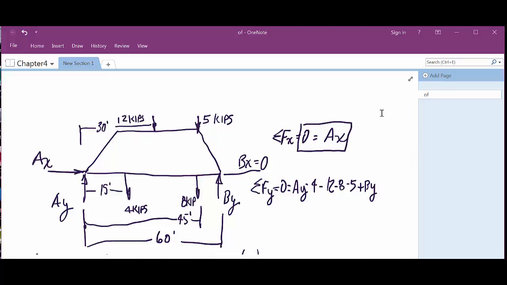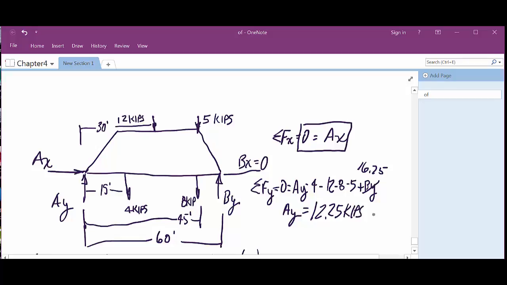Now, let me finish this real quick. So that was 16.75. AY stays where it's at, everything else goes to the other side of the equation. These all become positive, that's a negative. So 4 and 12 is 16, 24, 29, minus 16.75, about 12.25 kips.